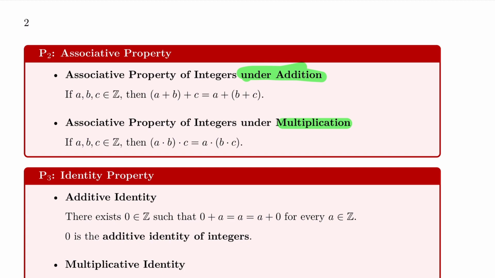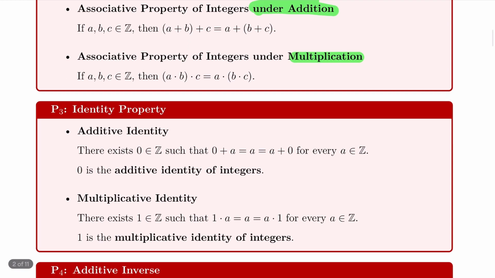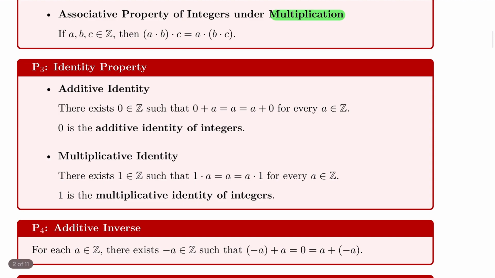Alright? The third one is the identity properties. So there will be an additive identity and a multiplicative identity. For the additive identity, there exists 0, which is an integer, such that 0 plus a equals a, or a plus 0 equals a.